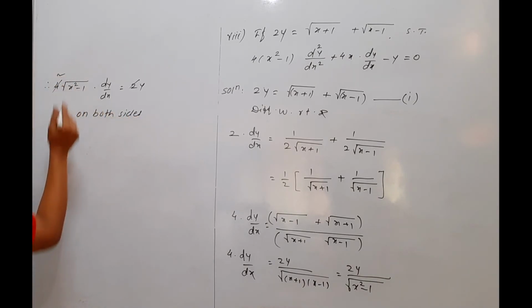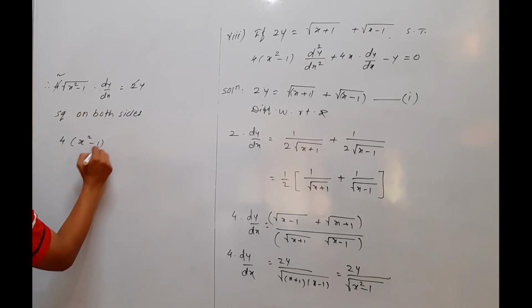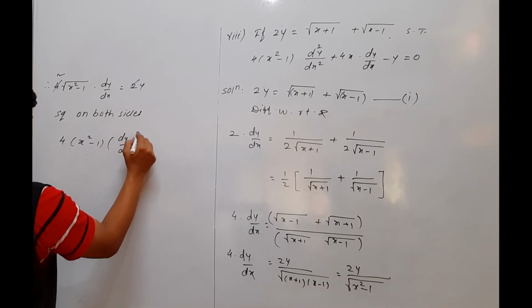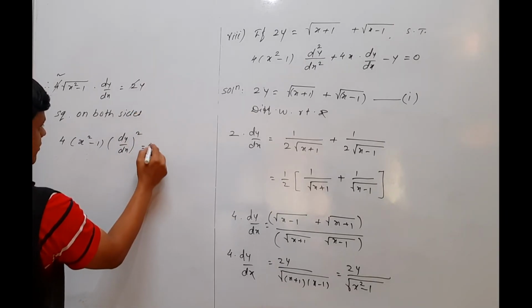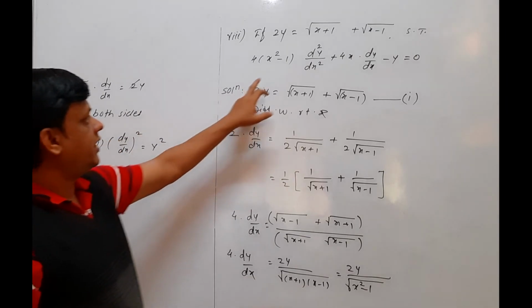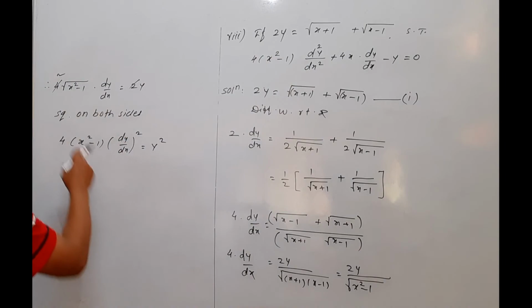So square of 2 is 4, square of this root is x square minus 1, square of dy by dx we write dy by dx in bracket square, and square of y is y square. Why we write this in x square minus 1 form, not in root form, because we require the answer in x square without root. So we take the square on both sides.